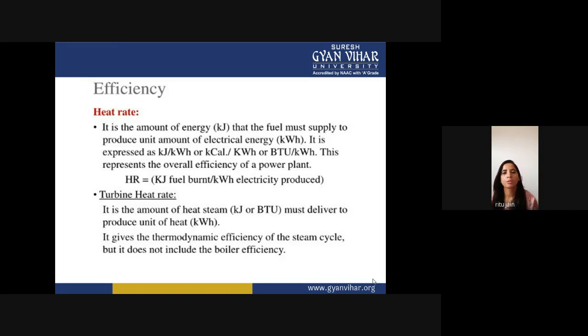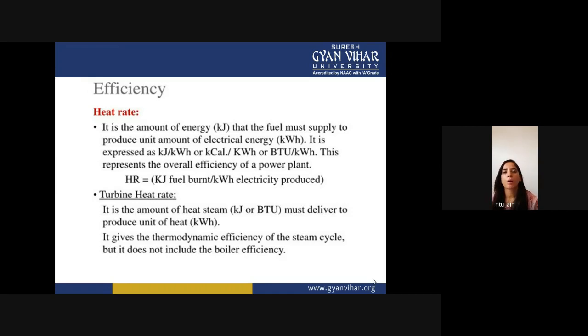Next, we come to the turbine heat rate. It is the amount of heat the steam must deliver to produce a unit of electricity. Actually, in a thermal power plant you are burning coal, so how much coal is required to convert water into steam.